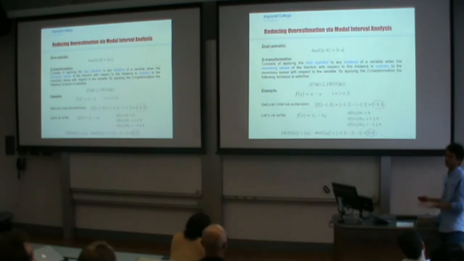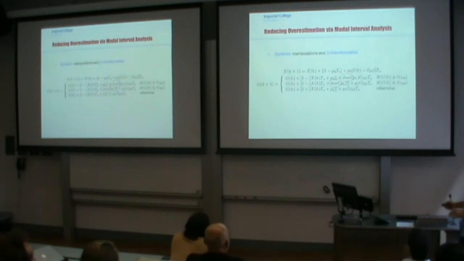I know it's very trivial, but it's just to get the idea of what we are doing. We also did some symbolic manipulations to the minimal model in order to get rid of some of the instances, and the ones that we couldn't get rid of, we applied the B transformation. So we can see that we applied the dual operator in some of the instances of the variables.